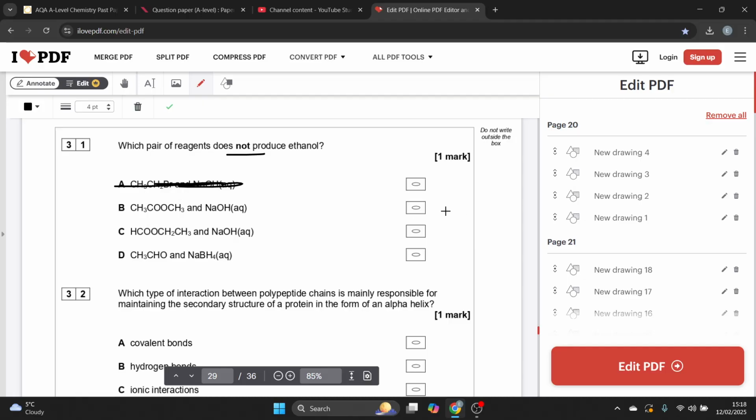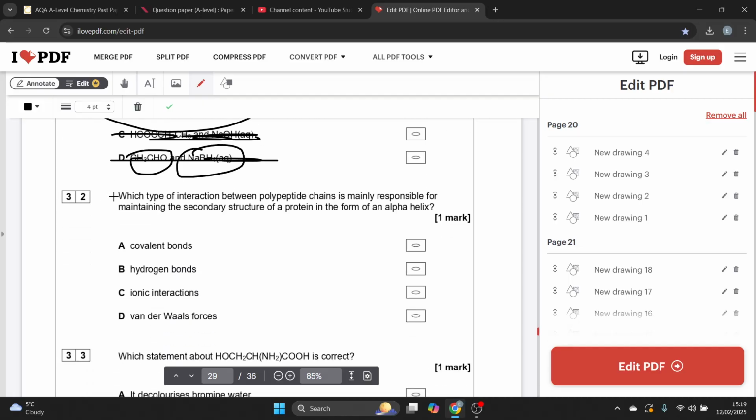That won't. B won't. D, yes, because that's obviously an aldehyde with the sodium borohydride, and you can go back to the alcohol, so you will form ethanol. C, yes, because you will form ethanol. So the answer is B, that.